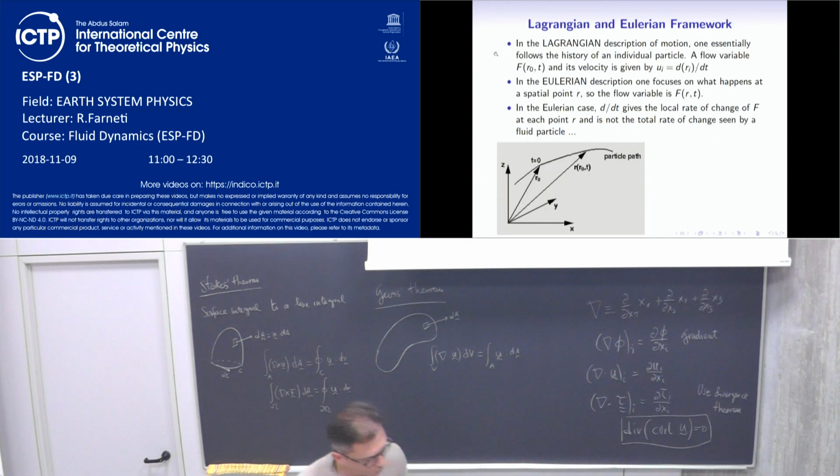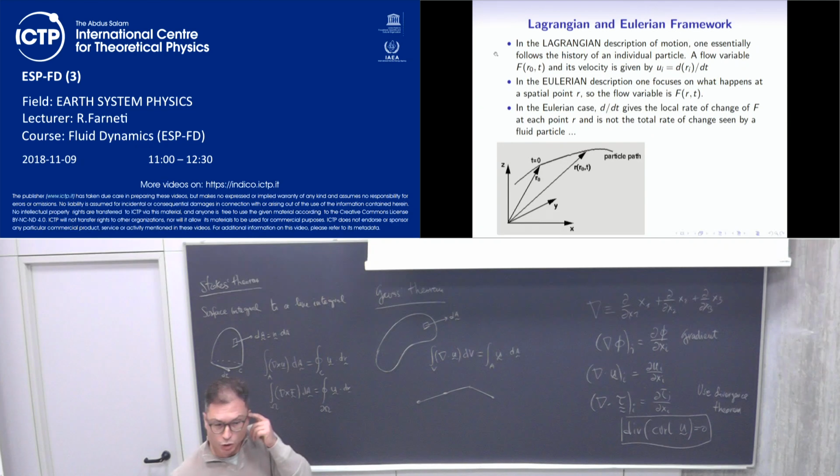Okay, so you can describe the motion of a fluid in two ways. One is the Lagrangian way, and the other way is the Eulerian. The Lagrangian description of a motion is essentially following an individual particle. So you have one particle at one time, and you follow that particle in time.